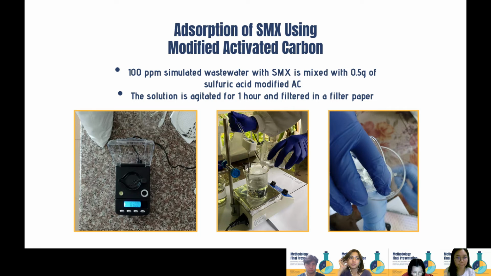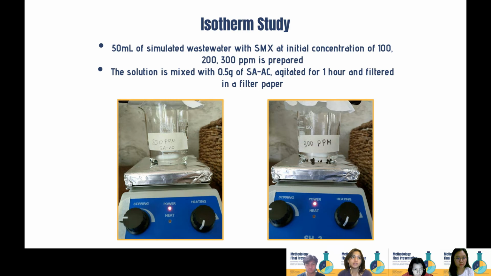Next is for the isotherm study. A total of 50 ml of simulated wastewater will be generated with SMX starting concentrations of 100, 200, 300 ppm. Then it will be combined with 0.5 grams of sulfuric acid modified AC in a 250 ml beaker and placed on a hot plate with a magnetic stirrer for 60 minutes.